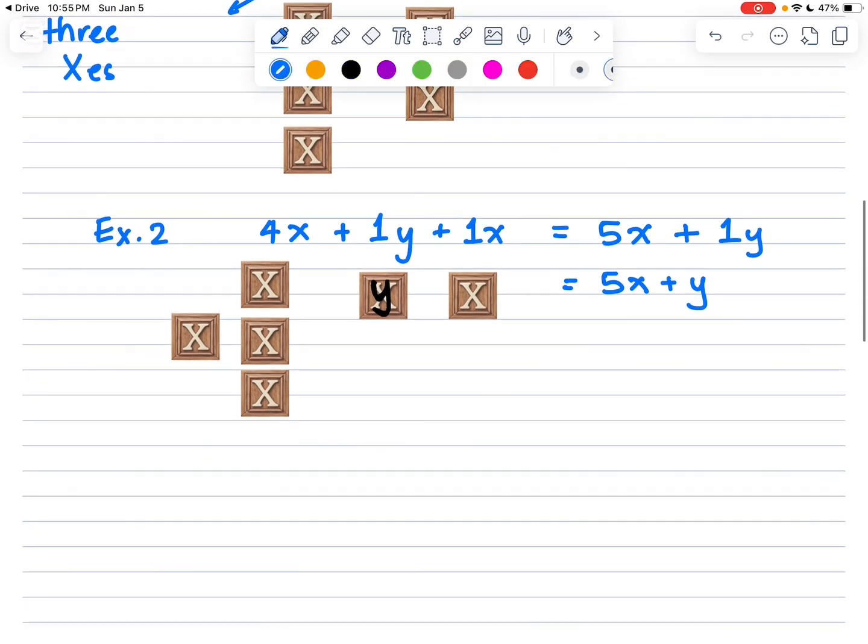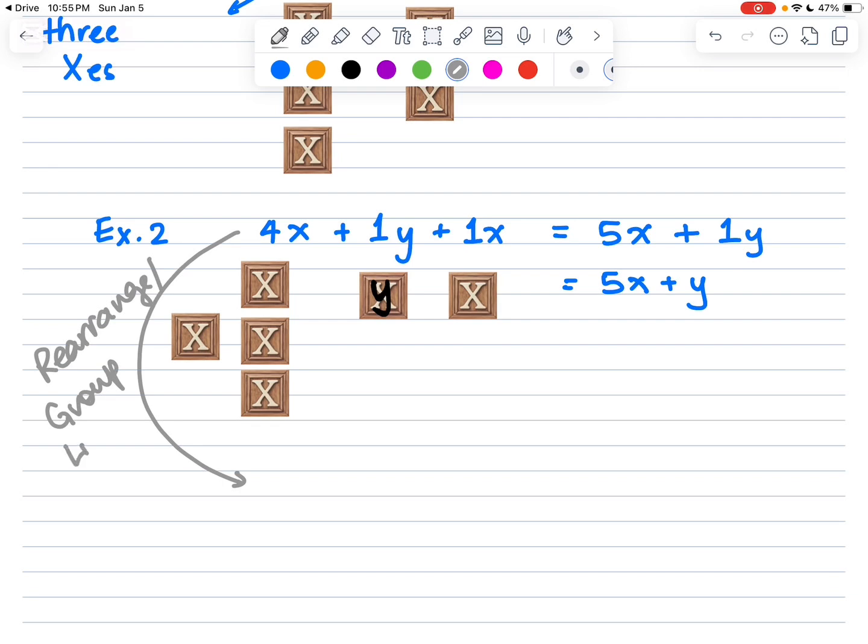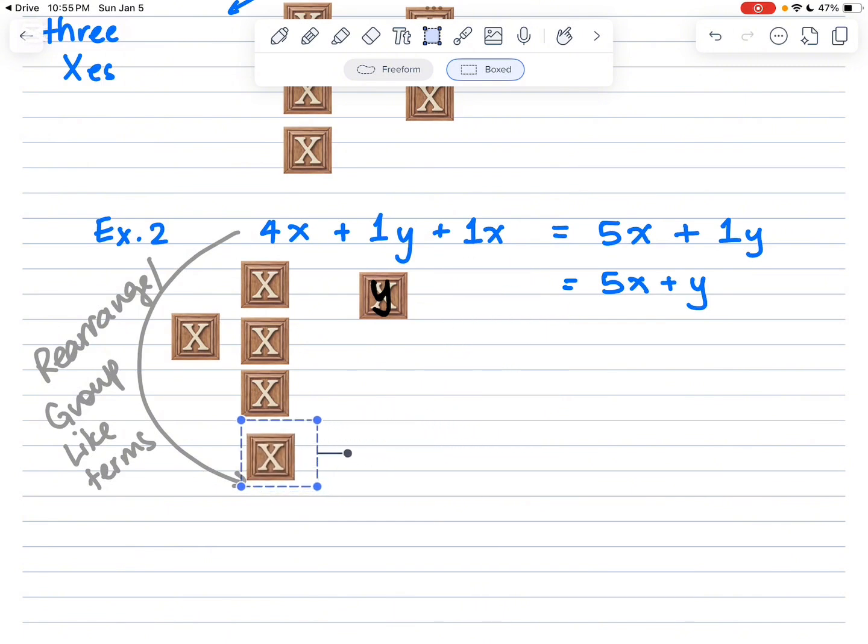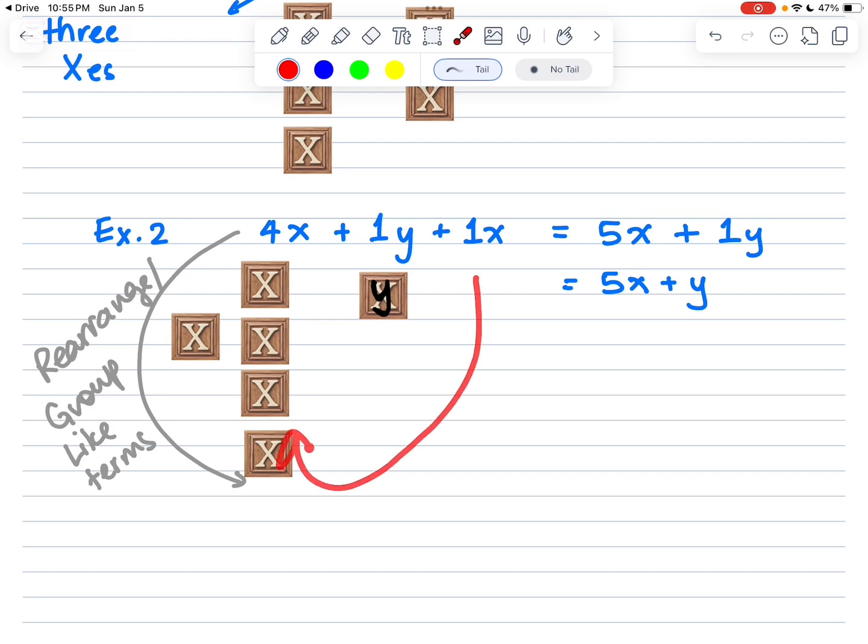Now often what we say is we can take this equation and we can rearrange, or we can group like terms. Now what that means is when we're counting these tiles, it kind of made sense for us to say, well, let's bring that 1 beside or with the 4x group because it's easier for us to count them, 1, 2, 3, 4, 5.